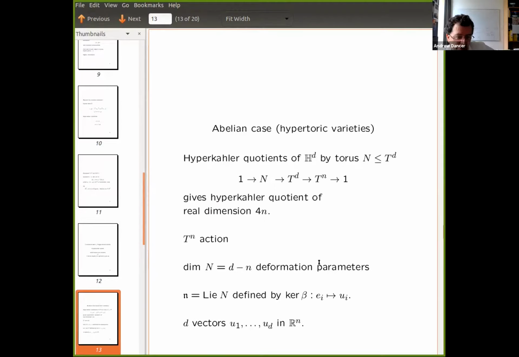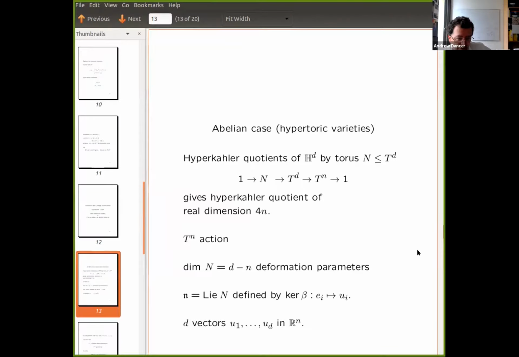And then we have deformation parameters. There are d minus n of them because the deformation parameters are essentially the parameters on the torus that we mod out by. So this, like most things involving toric geometry, has a combinatorial interpretation. The manifold is defined by a collection of d vectors in R^n, and then various affine hyperplanes or affine subspaces of R^n tell you where you are on the space of deformation parameters.